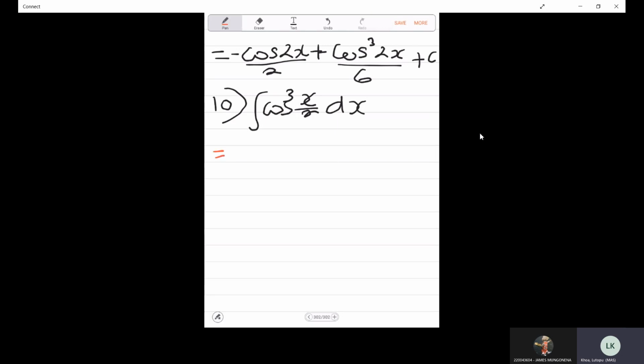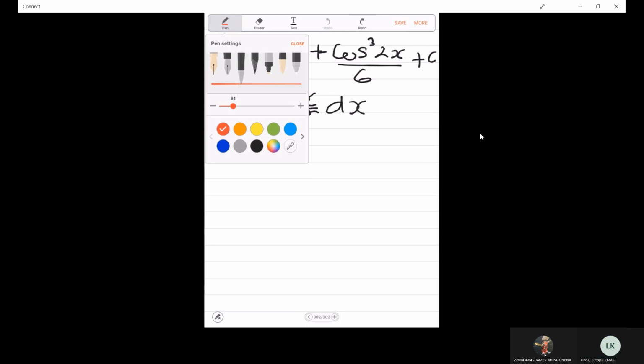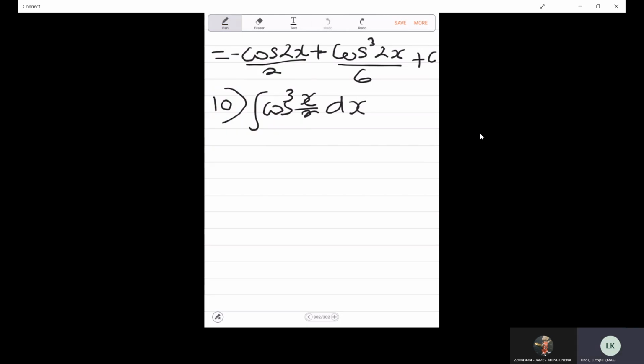Okay, so when we integrate this, we said this is the integral, then we write cos squared x over 2 times cos x over 2 dx. The cos squared, we write as 1 minus sine squared.